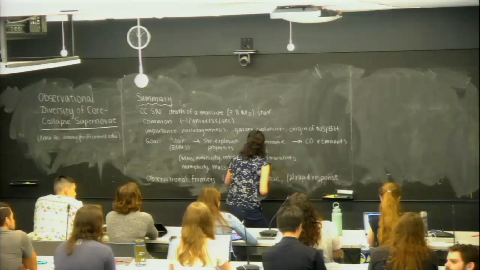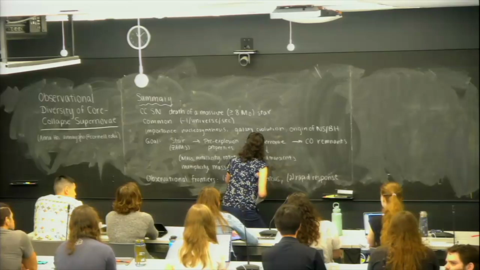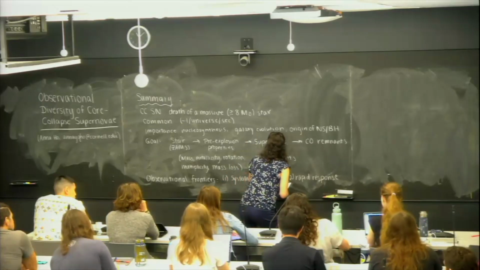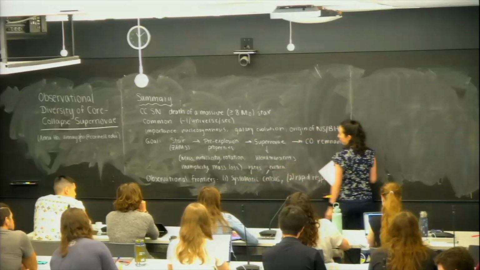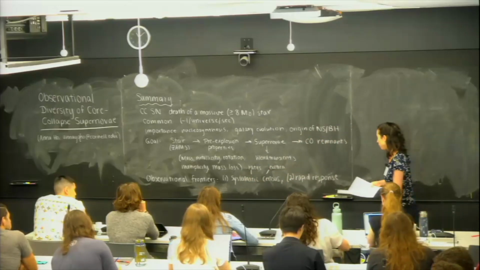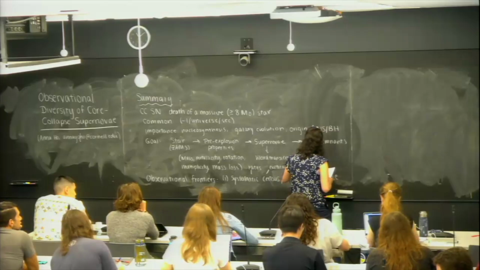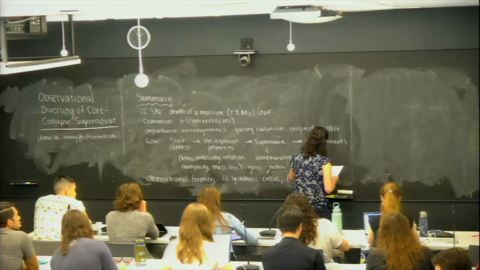So from doing a census, you get, of course, rates, but then you also more readily recognize unusual types of objects. From rapid response, as I mentioned, you get closer to the properties of the progenitors.